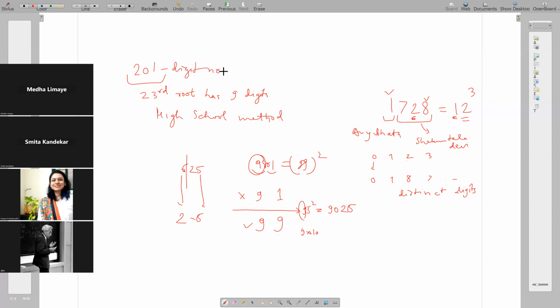Yeah. Shakuntala Devi was given a large number. That large number has 201 digits. And this year she needs to find out the 23rd root of that. Okay. So for that, she has to use the method that I am explaining here.